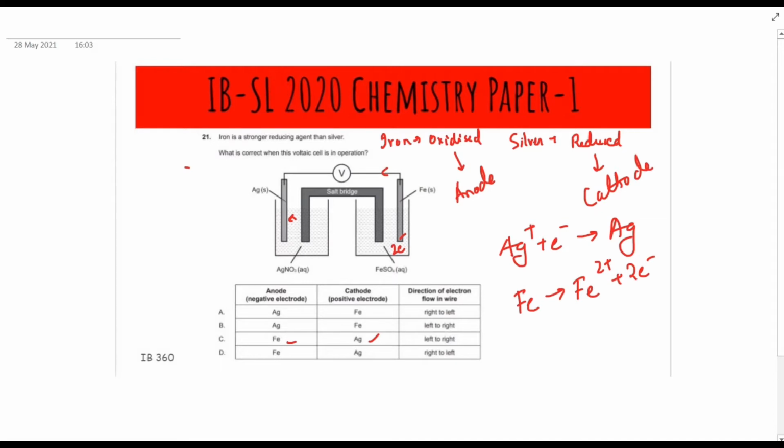These 2 electrons are produced at the anode and transported to the cathode. So the electron flow is from the right side to the left side. This is our final option, so our answer is option D.